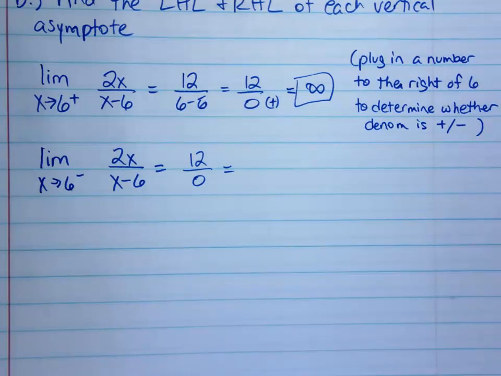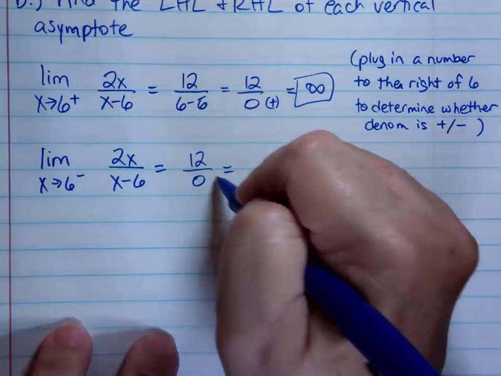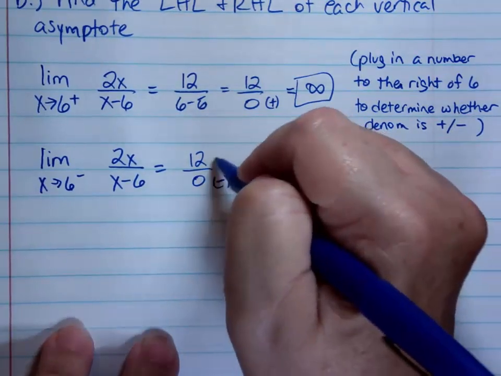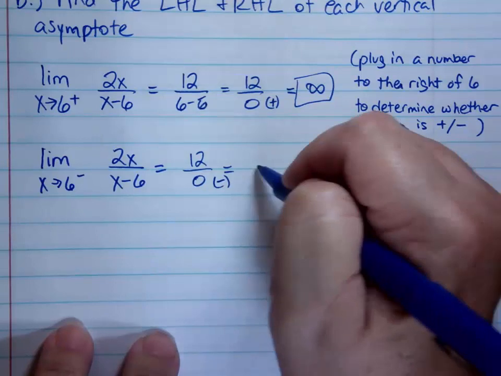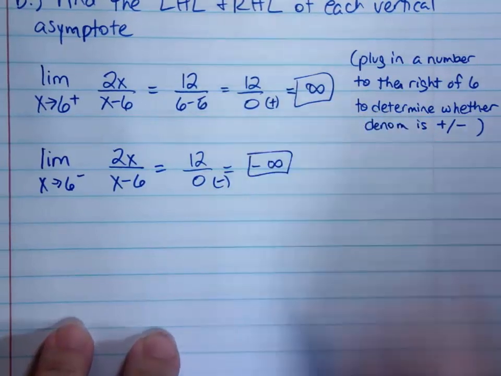Well, it says 6 from the left. Give me a decimal to the left of 6. 5.9. Plug it in the denominator only. That's the only one that really matters because the top's not going to change sign. Is that going to be a negative or a positive answer? Negative. This one's already positive divided by a negative, so this one is negative infinity.